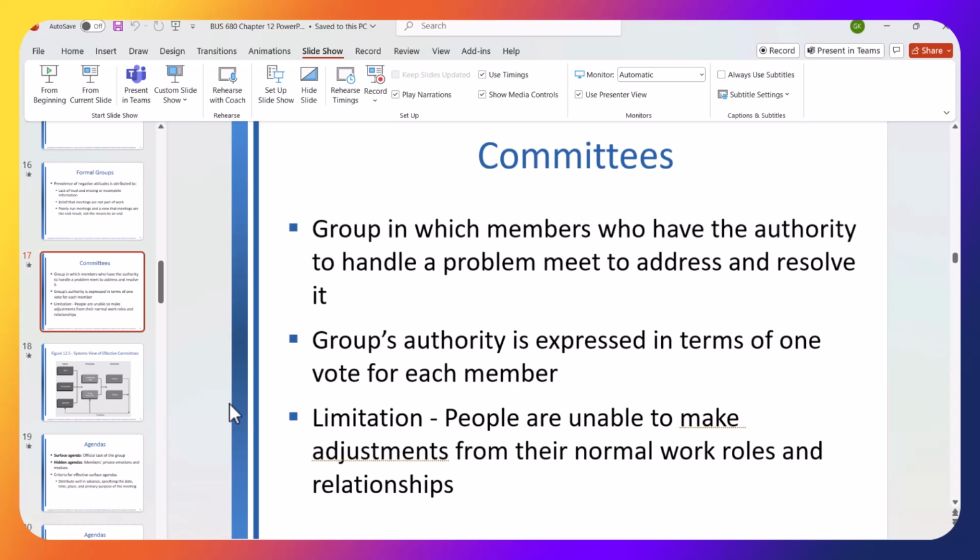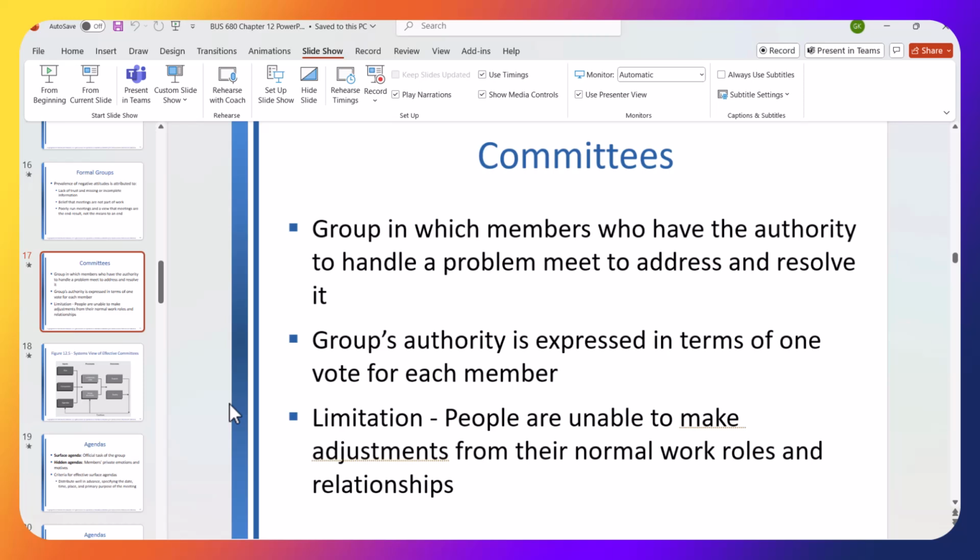Committees: a group in which members who have the authority to handle a problem meet to discuss and resolve it. The group's authority is expressed in terms of one vote for each member. Limitation: people are unable to make adjustments for their normal work roles and relationships. So when you have these committees, ideally you should be putting people on them who are actually going to give you the best representation. People who are level-headed and people who will see things through.